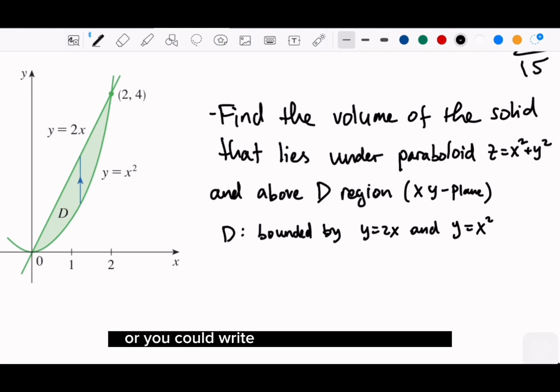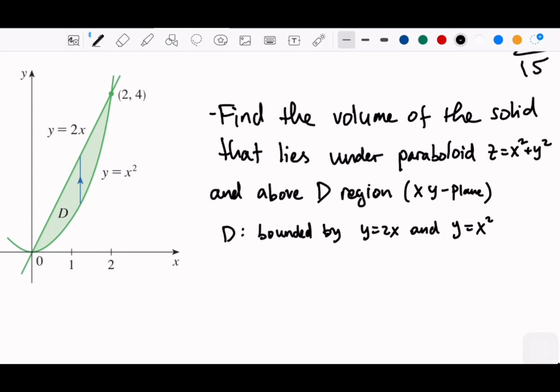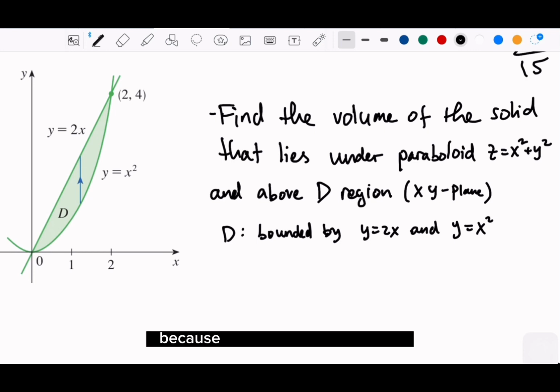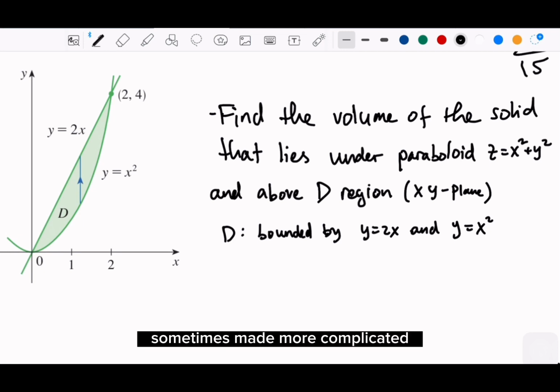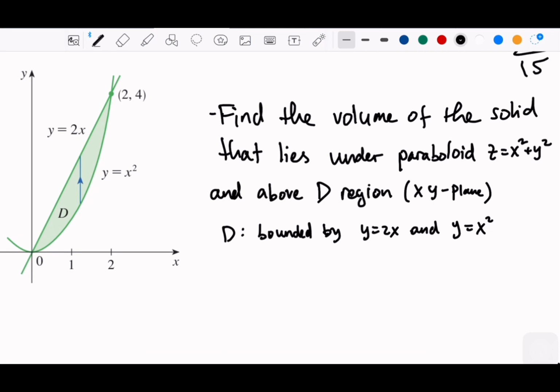So it's up to you whether you are going to use 2x and x squared, or you could write in terms of x equal half y and x equal square root of y. For me personally, I will choose the first one because I think square root sometimes makes things more complicated if you are not careful enough in your calculation. But that is possible.